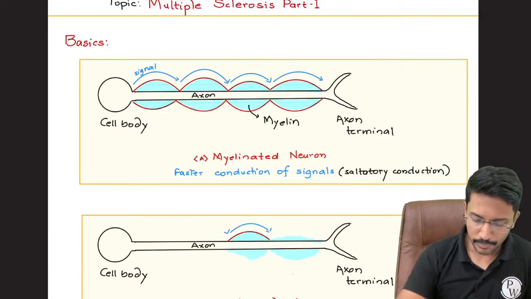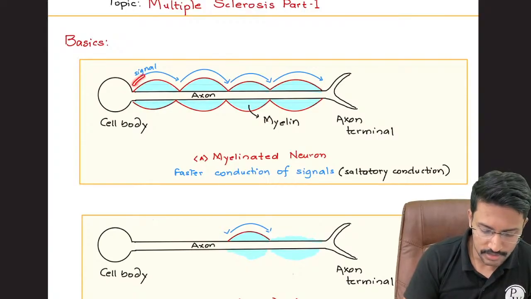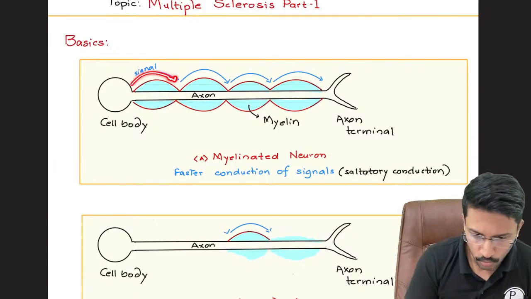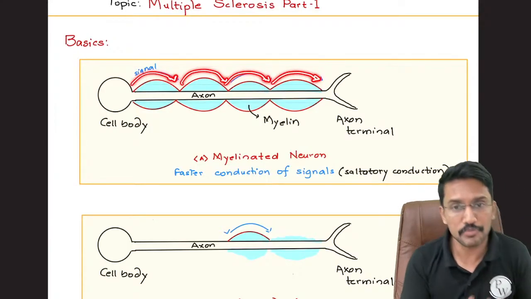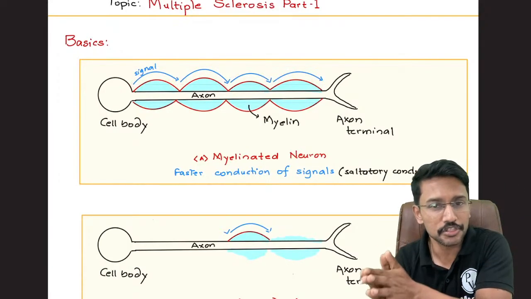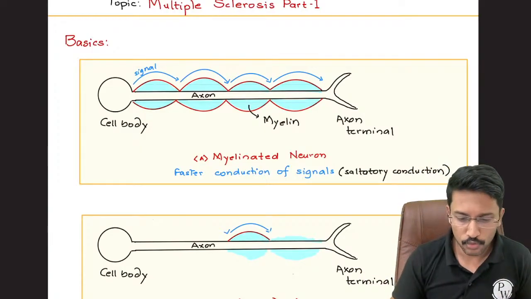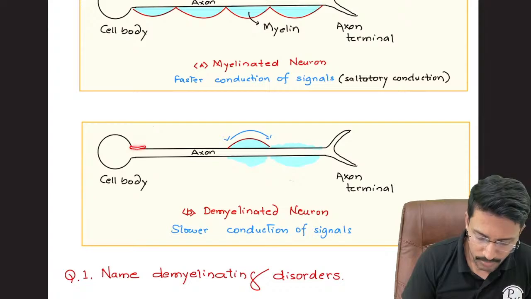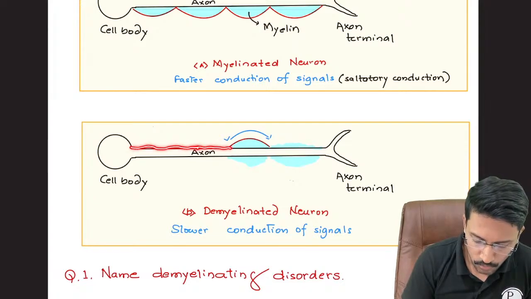So if I have myelin, then the electrical signal will jump from one node of Ranvier to the next node of Ranvier, and the electrical impulse will keep jumping, which makes the conduction faster. But if I do not have the myelin sheath, then the electrical impulse has to travel throughout the axon by causing its depolarization.